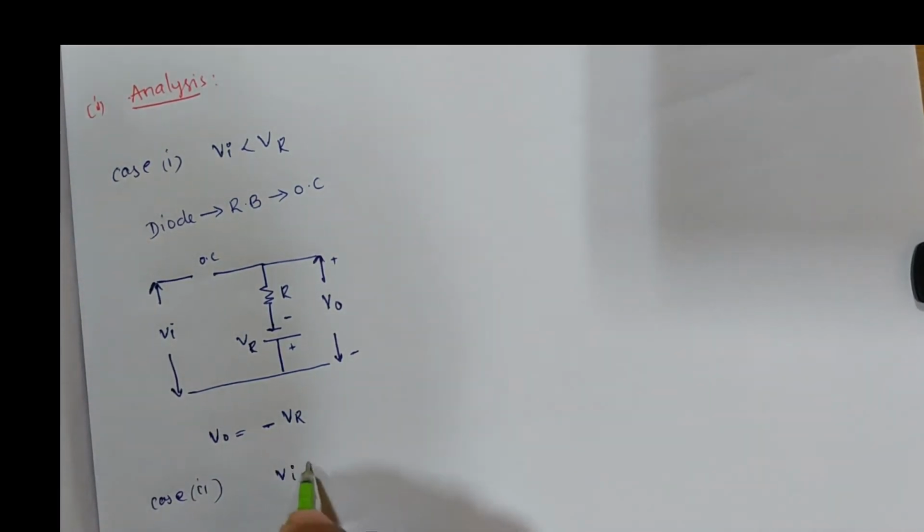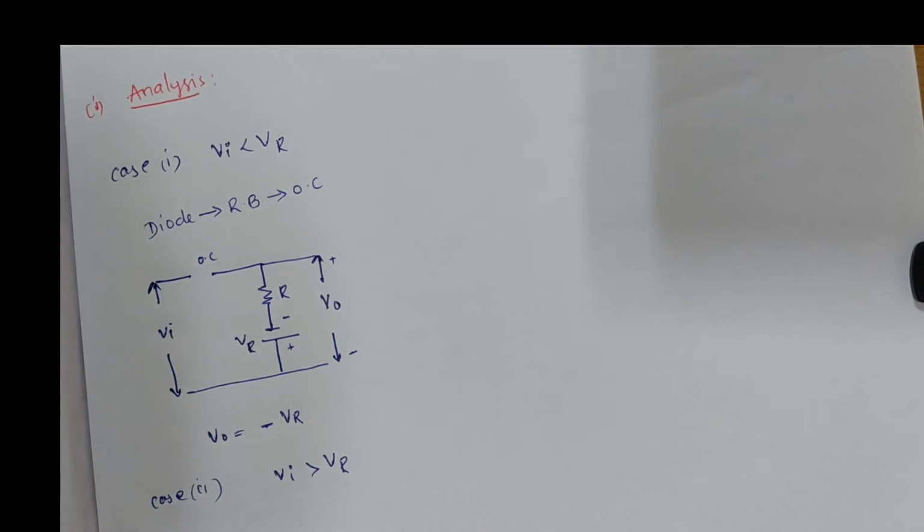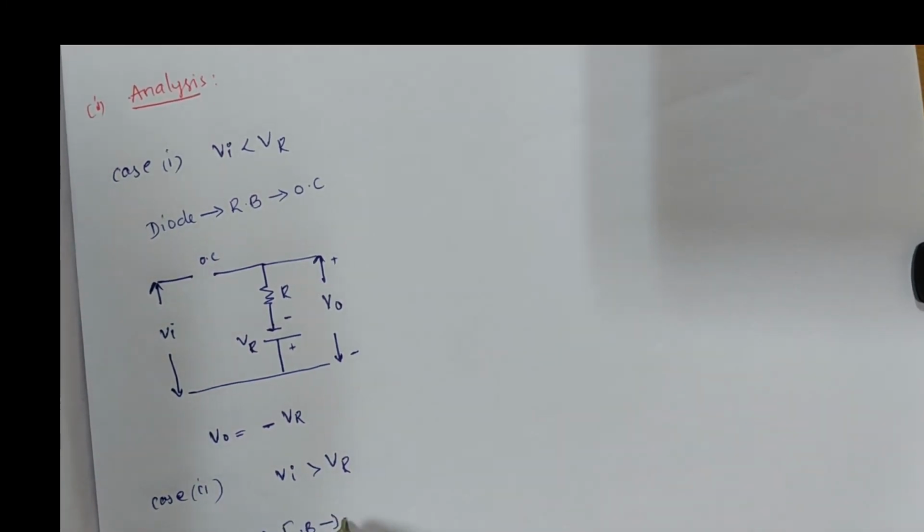when Vi is greater than VR, that means the input voltage is more compared to the cathode potential, then we can say the diode is forward biased and it is acting as a short circuit. Then we can draw the circuit like this.